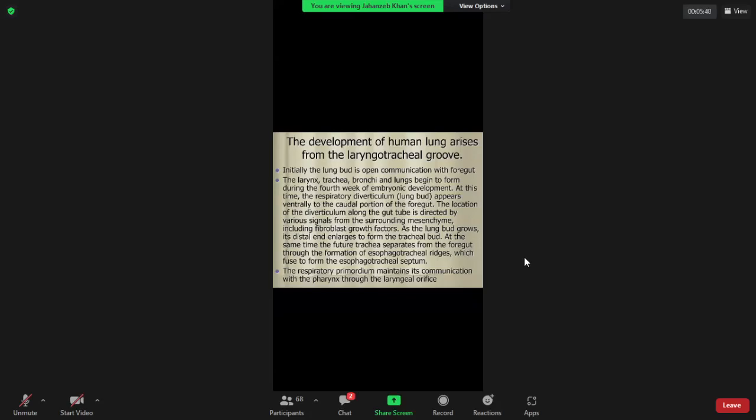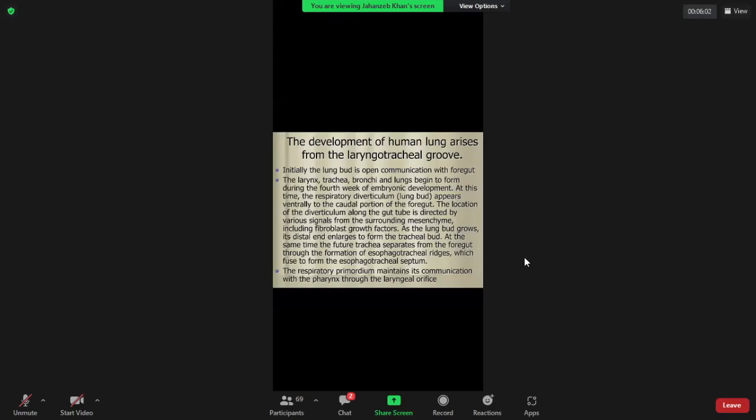So at this time, the respiratory diverticulum or the lung bud appears ventral to the caudal portion of the foregut. That means it is in front, ventral, and from the caudal portion it starts to grow from top to bottom within the foregut.